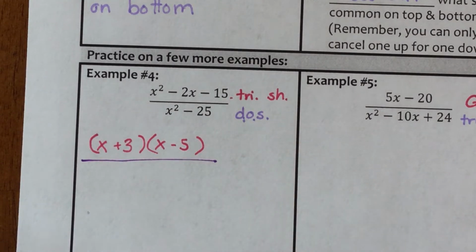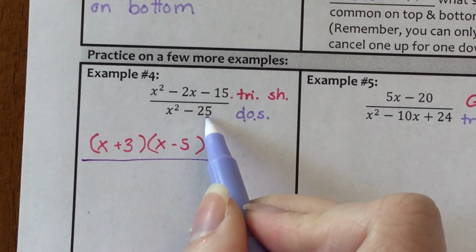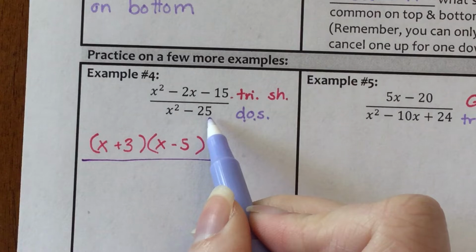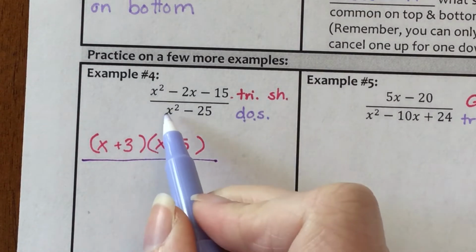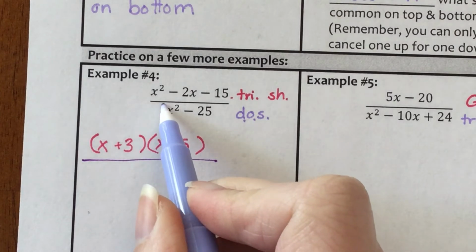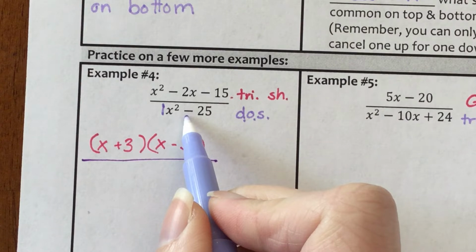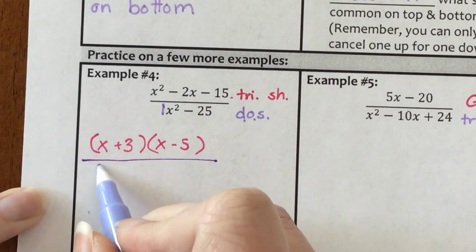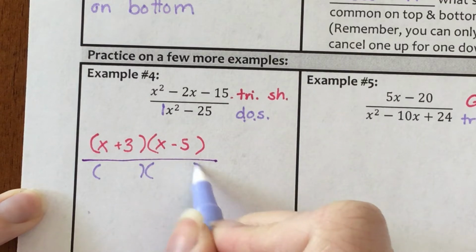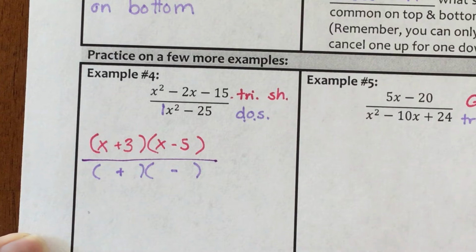Now let's focus on the denominator. This problem has only two terms, so it's not a trinomial shortcut or a trinomial split the middle. It's a difference of squares, because we have a perfect square, 1x squared, and a perfect square, 25, and there's subtraction in between. The pattern for that factoring is two sets of parentheses, one gets a plus, one gets a minus.